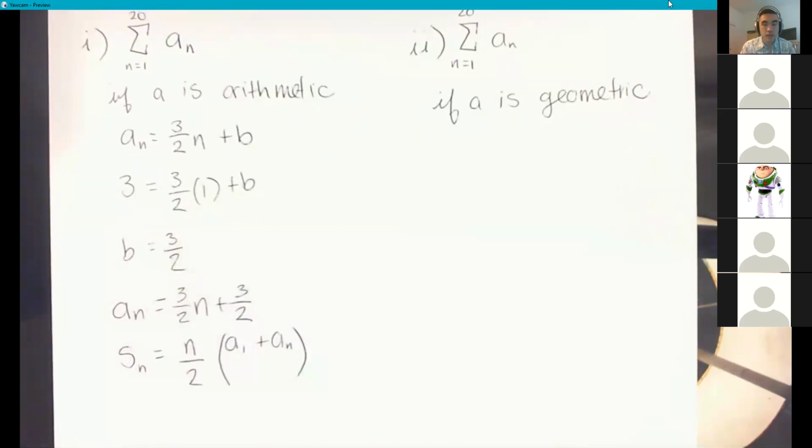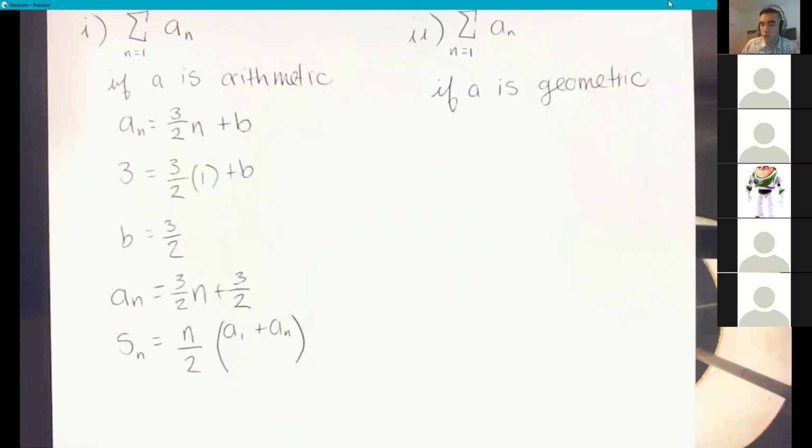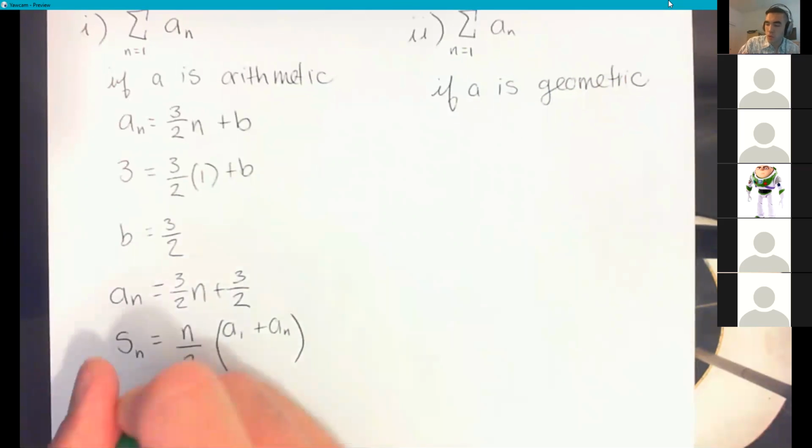So the first and the last number in the arithmetic sequence multiplied by the number of pairs over 2, because just like with the counting numbers, 1, 2, 3, 4, 5, 6, 7, 8, 9, 10, or whatever, that classic example where we add up all the digits between 1 and 100, the first and the last digit make a sum of 101, and then we have a certain number of pairs, because as you move in, right, 1 plus 100 gives us 101, 2 plus 99 gives us 101, 3 plus 98 gives us 101, blah, blah, blah, all the way down.